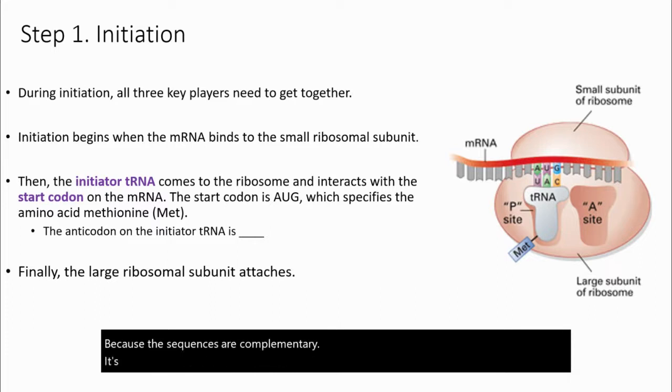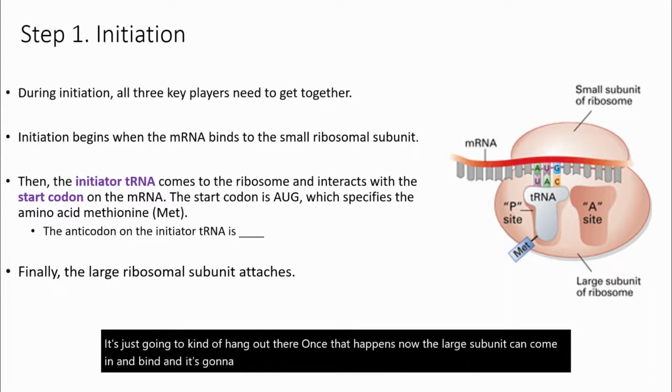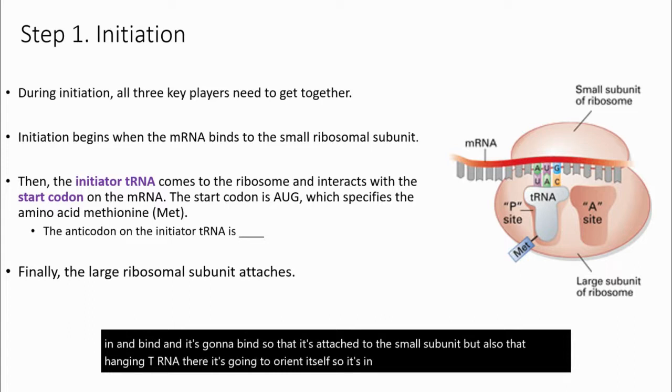And it's just going to kind of hang out there. Once that happens, now the large subunit can come in and bind, and it's going to bind so that it's attached to the small subunit, but also that hanging tRNA that's there, it's going to orient itself so it's in the P site of the large ribosomal subunit.